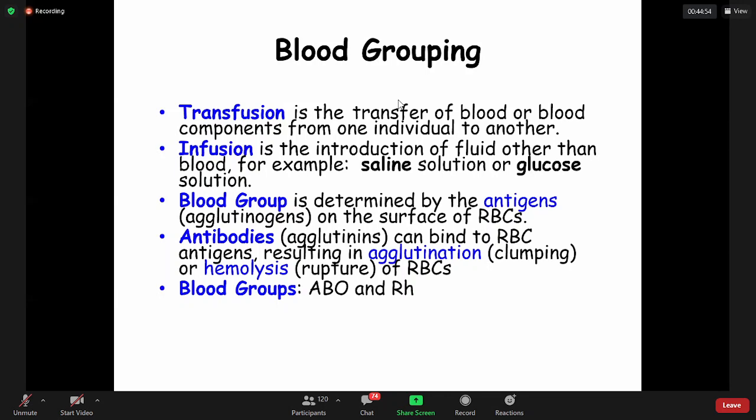Antibodies or agglutinins can bind to red blood cell antigens, resulting in agglutination. You must have done a class on antigen-antibody reactions. So we're just describing agglutinins, agglutinogens, agglutination.